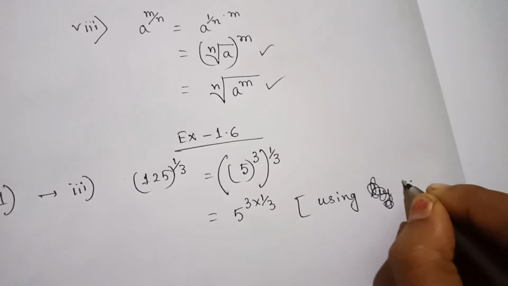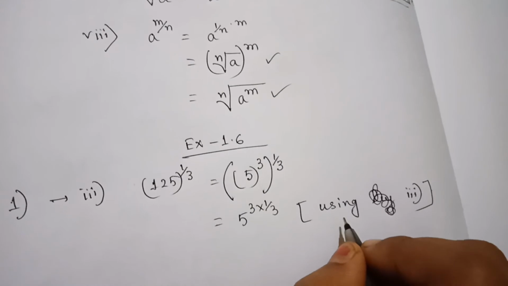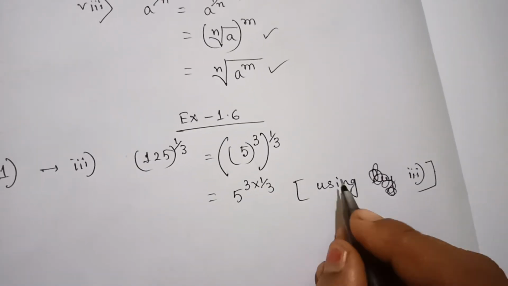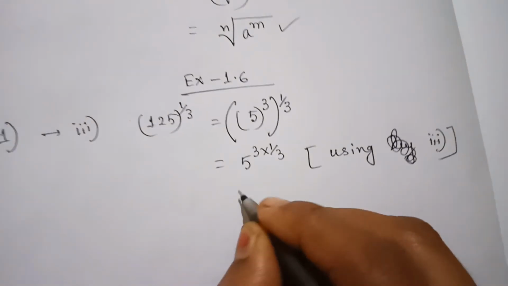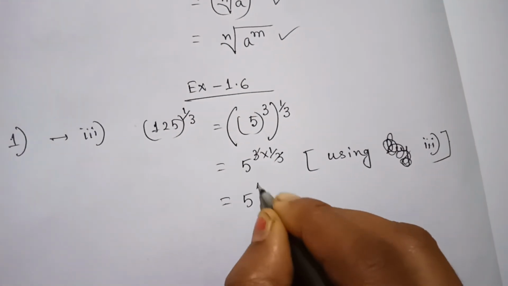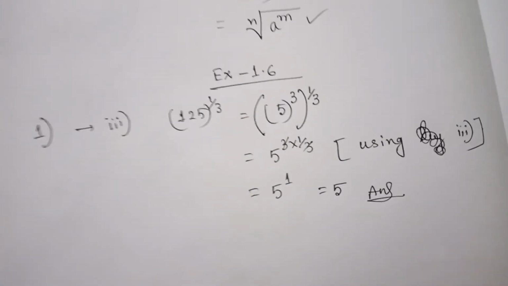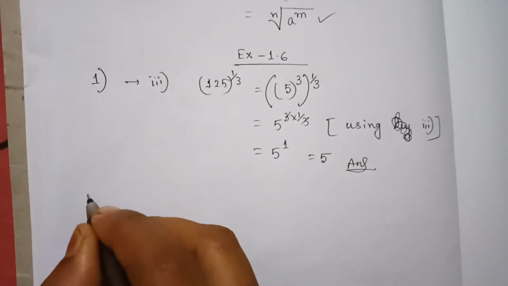When you write in the exam, write the proper formula here. So this 3 will be cancelled out. We are getting 5 to the power 1, and 5 to the power 1 means 5. So that's the answer. The other 2 can be done similarly.